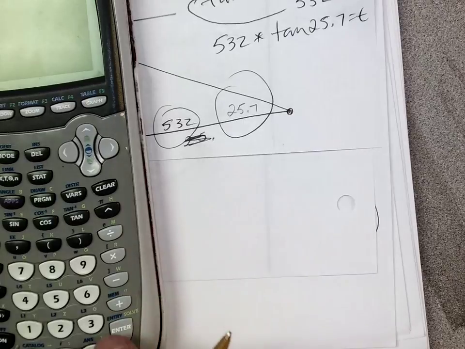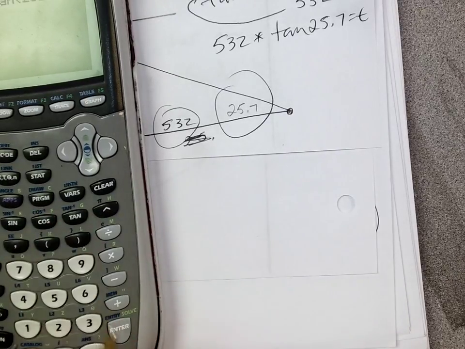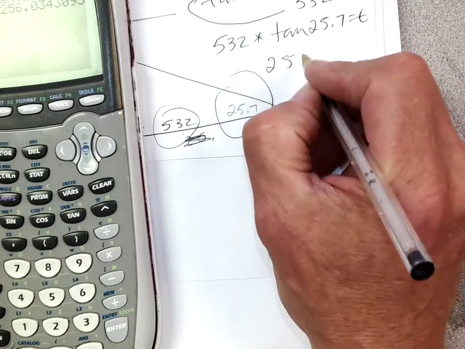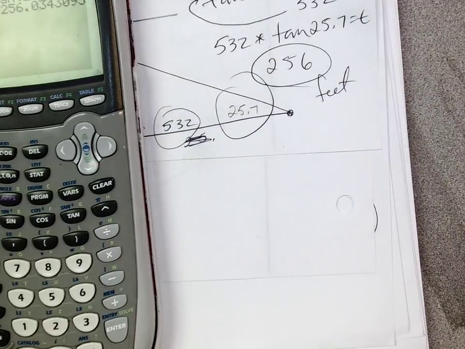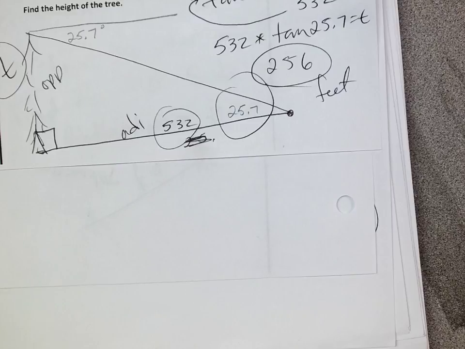Okay, clear. 532 times tangent of 25.7. I get 256 feet, huh? That's a tall tree, isn't it? It's like a redwood. Wow. It's a big tree, huh? Okay.